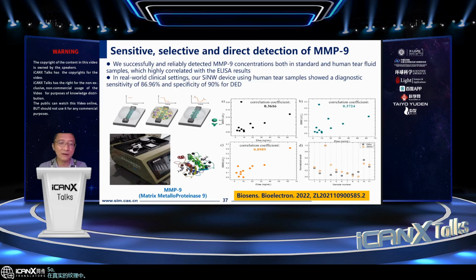So the salt in tears will affect the result very strongly. With our developed methods, we can finally detect the precise concentration of the MMP9 in the tear, and this result is highly correlated with the ELISA result.